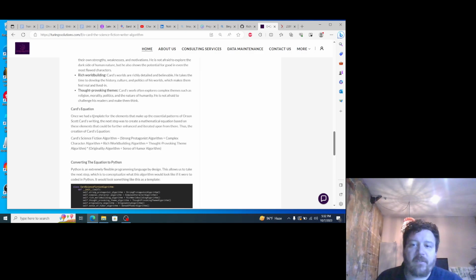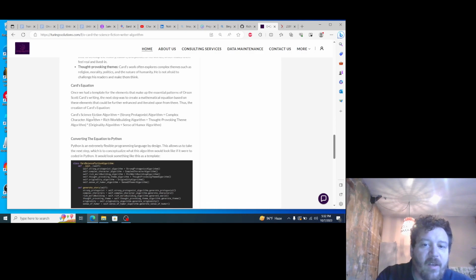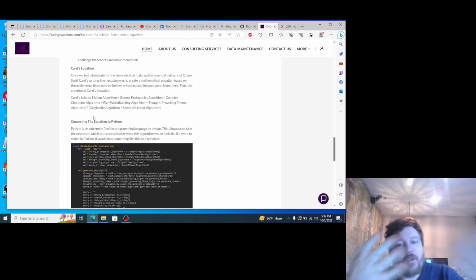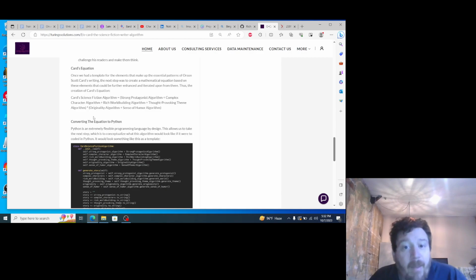In this instance, Card's equation is strong protagonists plus complex characters plus rich world building plus thought-provoking themes, times originality plus sense of humor, equals Card's science fiction algorithm. Real simplistically, it's just taking that logic and converting it to a mathematical equation.